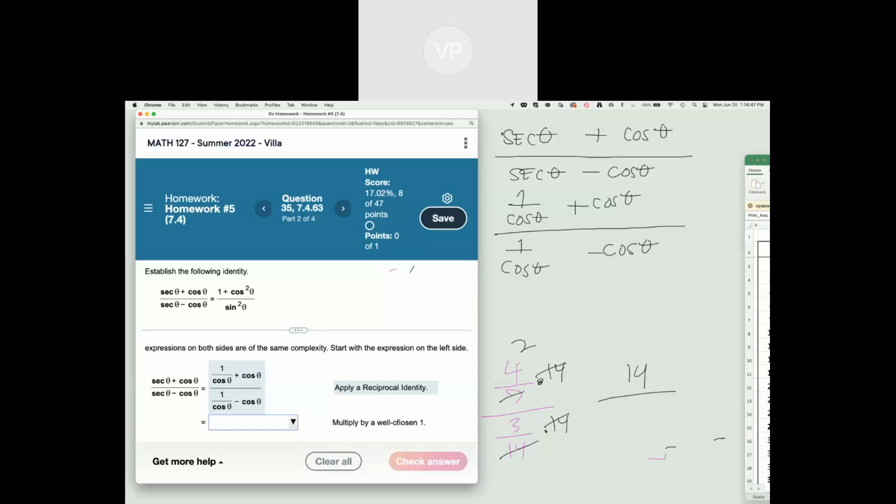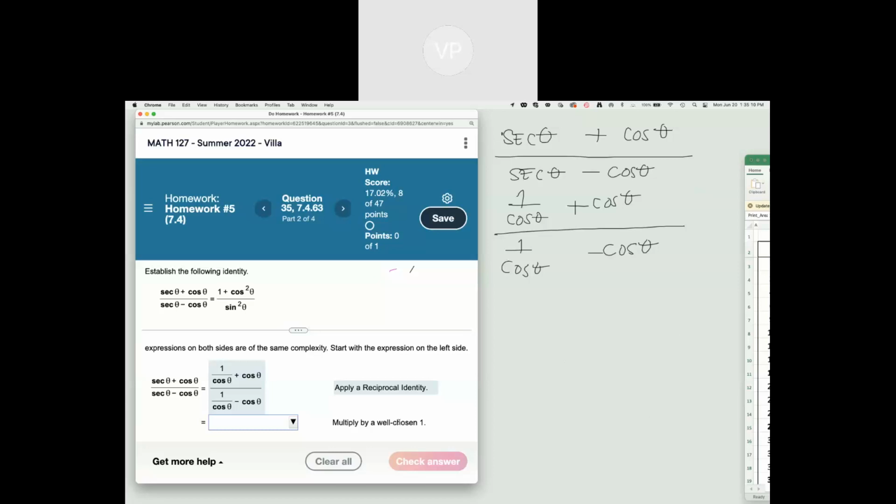I multiplied the top by 14, the bottom by 14. It's like I multiplied by 1. That's all it means. When they say a well-chosen 1, it means you're multiplying something to the top and the bottom to get rid of things, to cancel, but it's the top and bottom of the big fraction. It could be of any fraction.